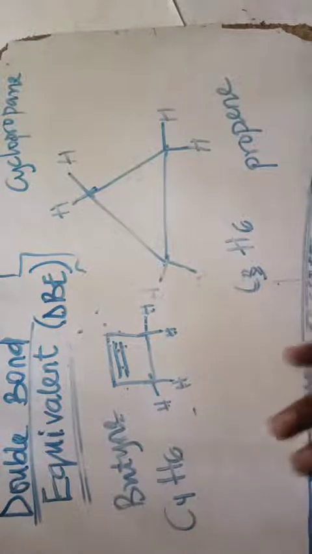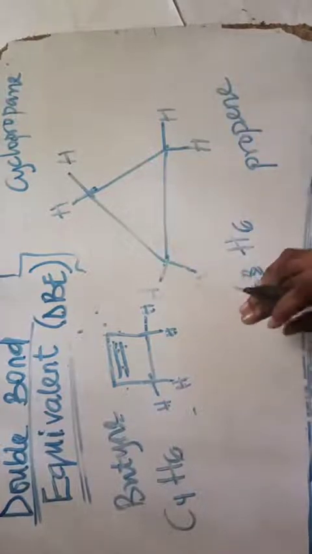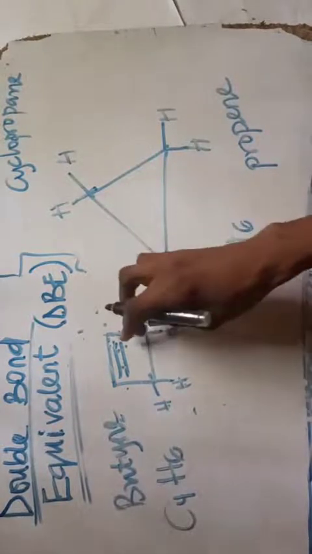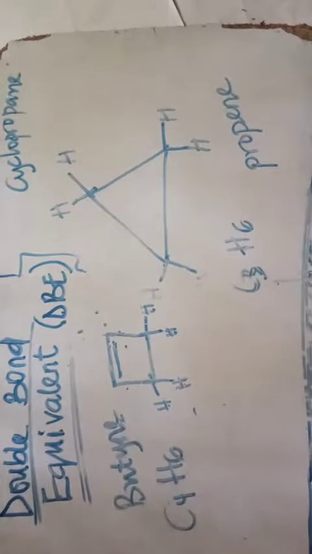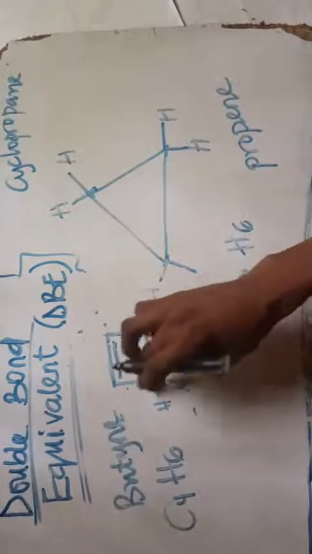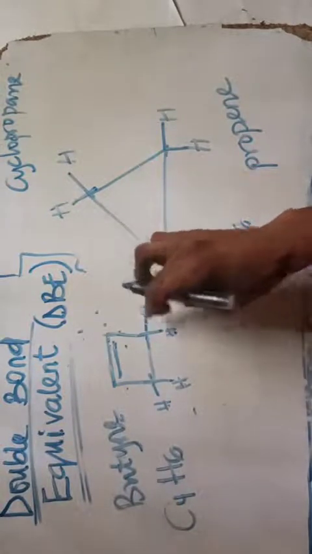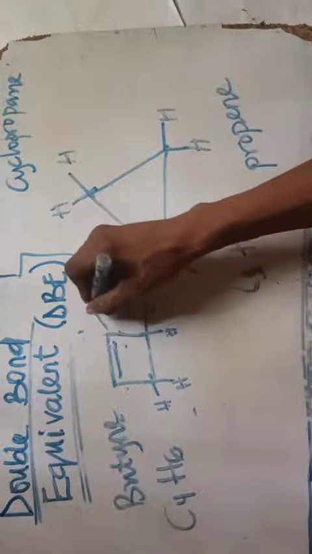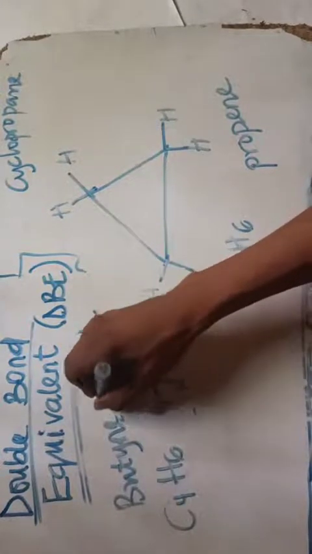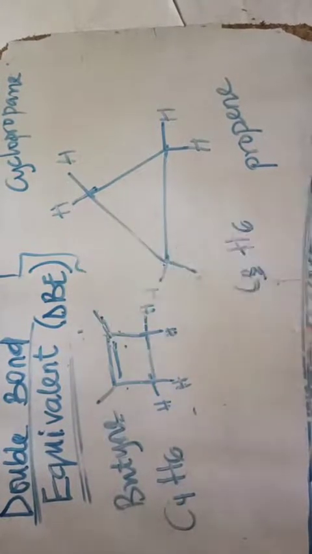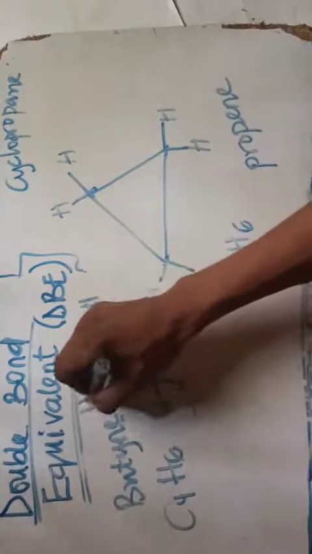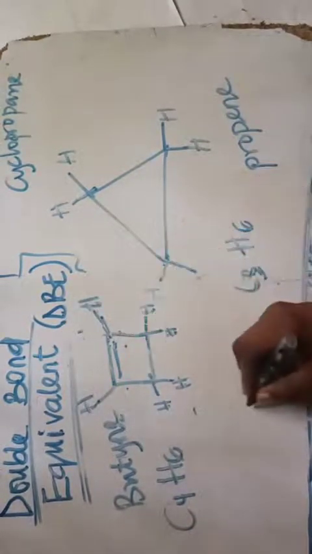If you check here as well, this is cyclobutane. But what if I reduce this to be 2? Then you see how many hydrogen are present here? 6, 6. This is cyclobutane.